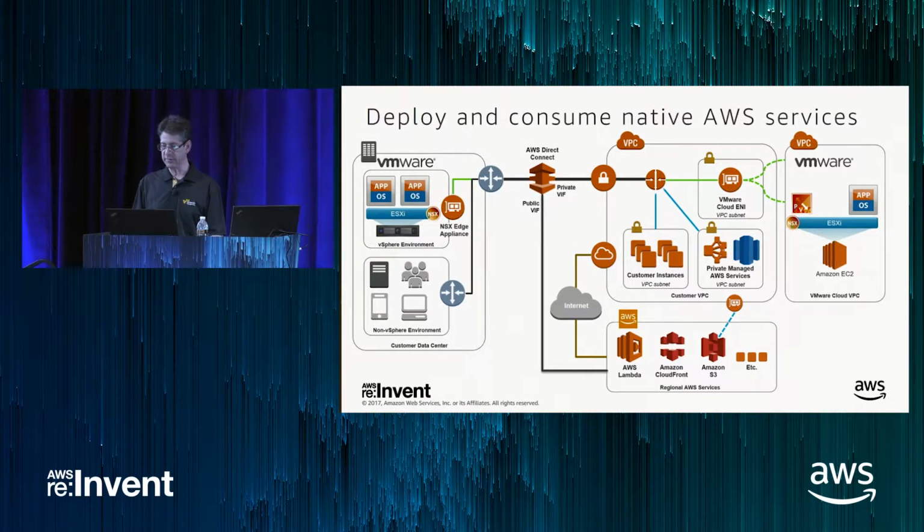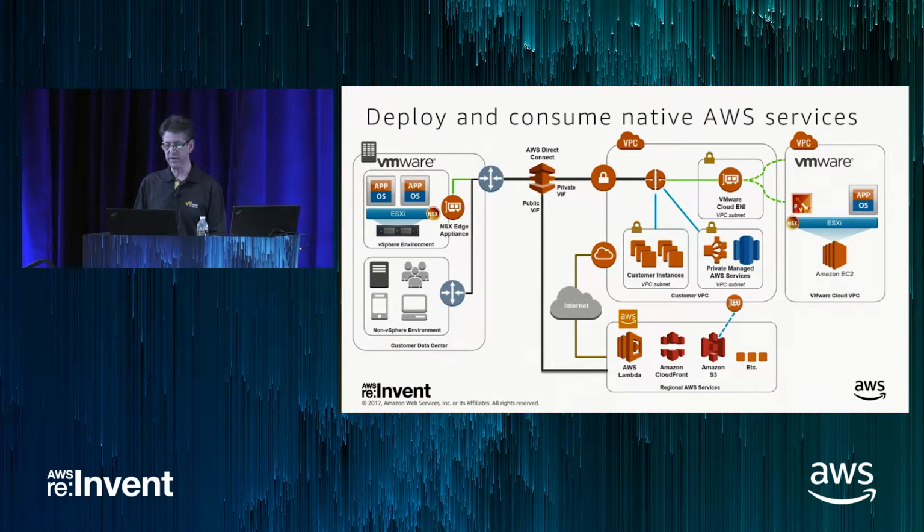So this diagram gives you essentially the whole picture of the customer data center on the left, connecting using the NSX Edge appliance to route through AWS Direct Connect. AWS Direct Connect provides access through a private VIF into the private subnets of your VPC. If you go from Direct Connect down, we're using a public VIF, which allows us to connect to the public services of AWS.